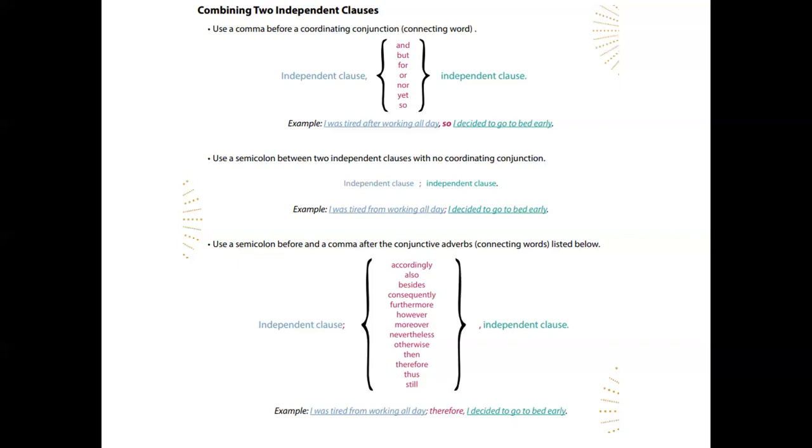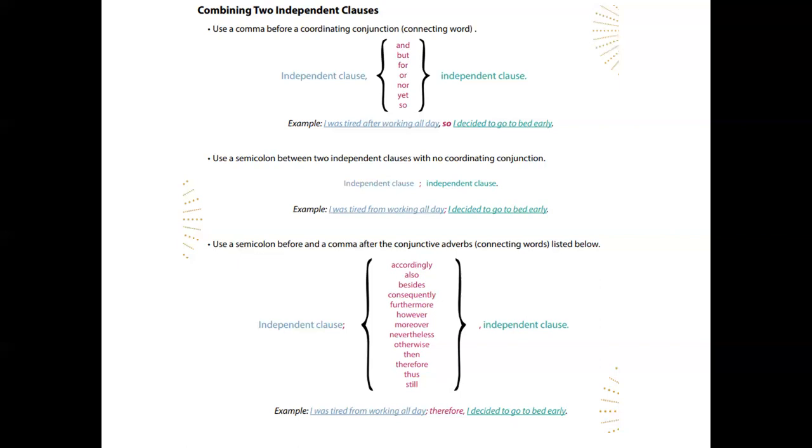The third and last way to combine two independent clauses is to use a semicolon before and a comma after the conjunctive adverbs, the connecting words listed below.